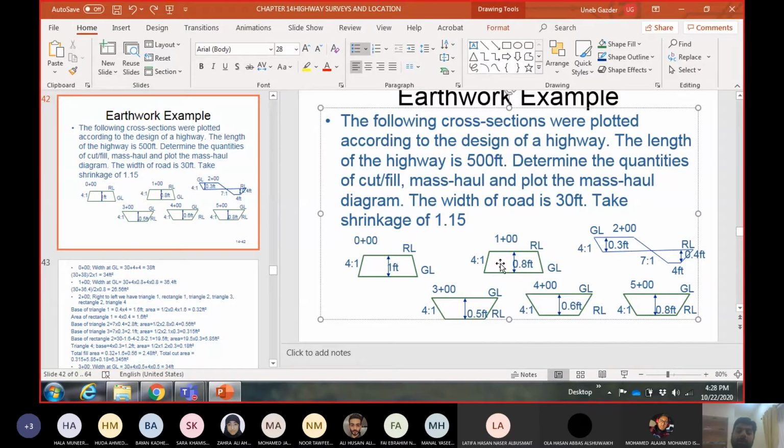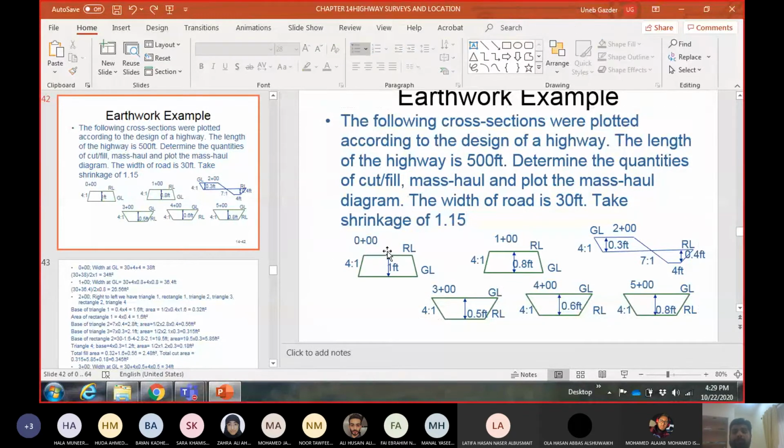In every cross section you see the road level denoted by RL, and the ground level denoted by GL. At every station you see the difference between the road level and the ground level, and the value of the side slope, the embankment. This is the road level for the vehicles, and after that you have the side slope. The side slope is very steep, and the road level is plain.